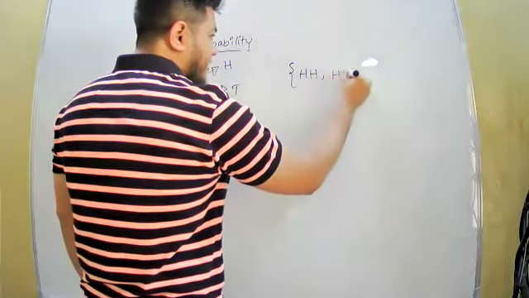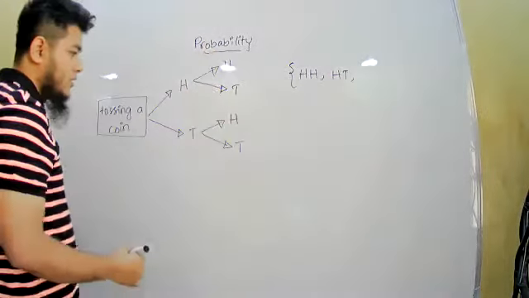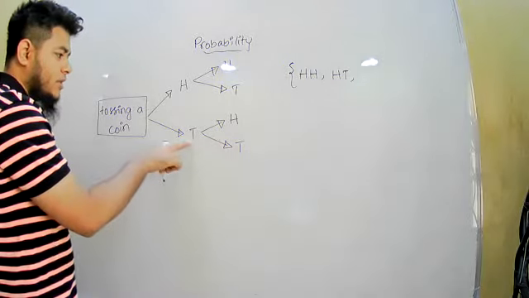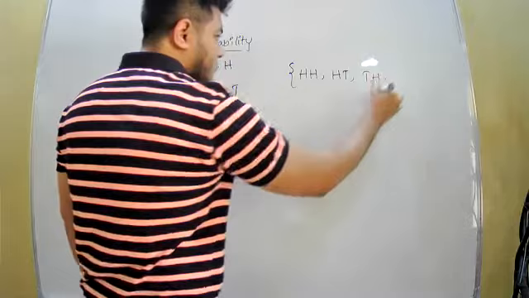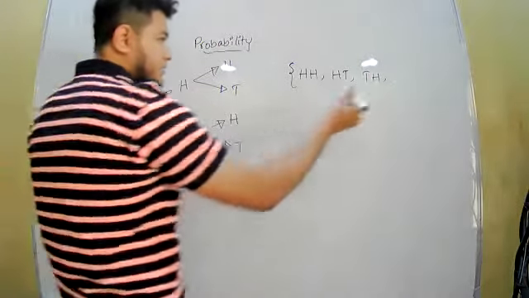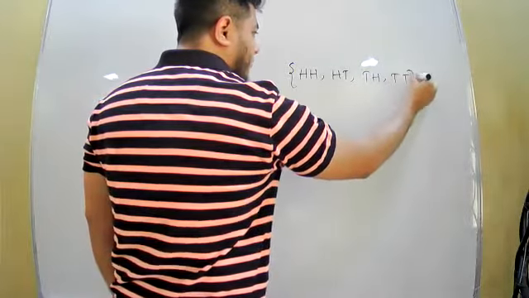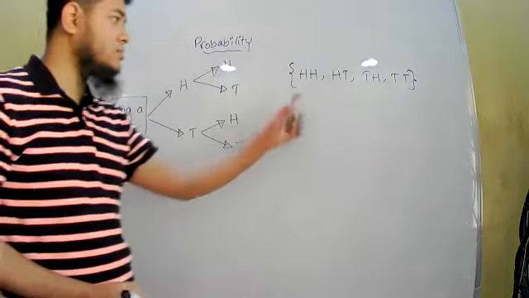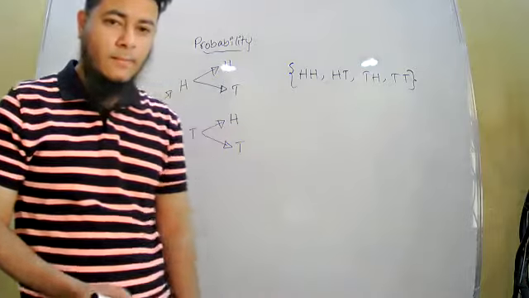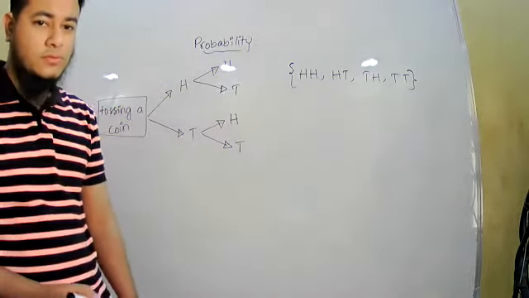So it will be head and tail. It is possible that first time you got tail, second time you got head. So tail head and tail tail. So this is the sample space. How many outcomes are possible? Four. Four outcomes are possible.